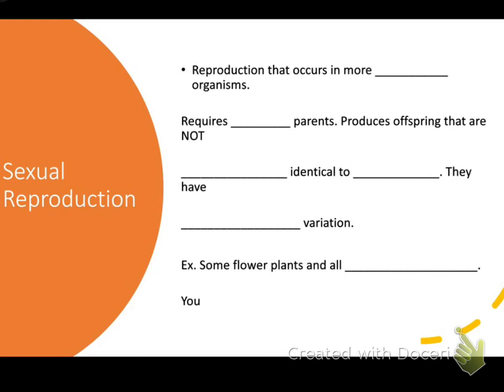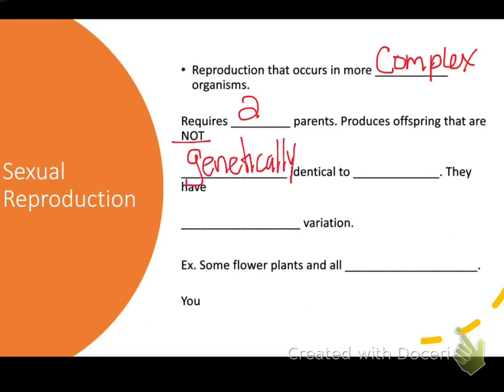All right, now we're going to move on to sexual reproduction. Sexual reproduction is different because asexual only takes one parent and sexual reproduction takes 2. It is more complex. It requires 2 parents to produce offspring that are not genetically identical to the parents, which results in the offspring having genetic variation, which is super important.